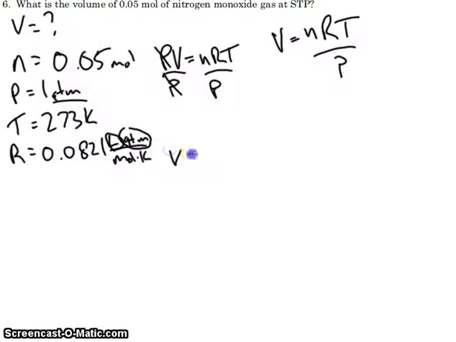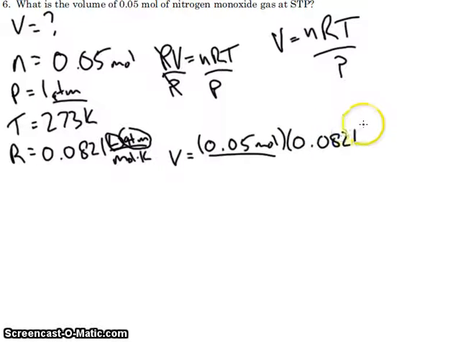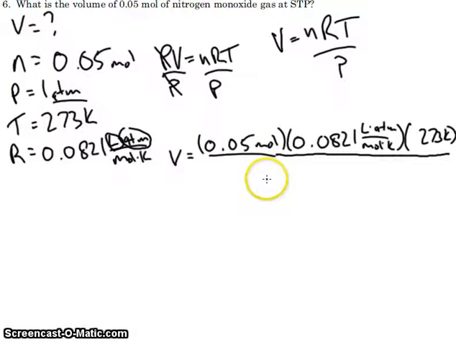So now we're ready to plug these numbers in. So V is equal to 0.05 moles times my ideal gas constant, 0.0821 liters atmospheres per mole Kelvin, and then my temperature, 273 Kelvin, and then we're going to divide this all by my pressure, which was 1 atmosphere.